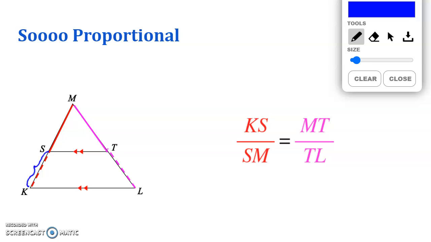This length here is KS, to this length, to SM, is going to be the same as this length divided by this length here. So this is very easily provable algebraically. If you want to see the proof of it, you can come see me after the class, but you can just take it by faith. So this length here divided by this length is going to be the same as this length divided by this length. Or likewise, you can say the solid line divided by the dotted line is going to have the same ratio as the solid pink line divided by the dotted pink line.